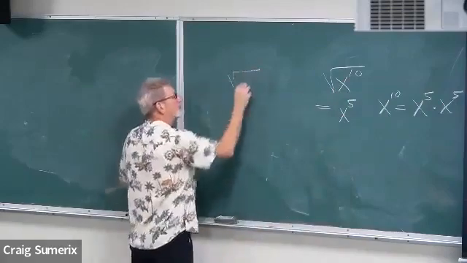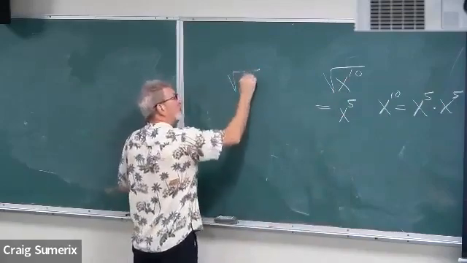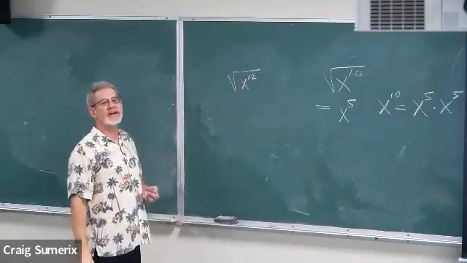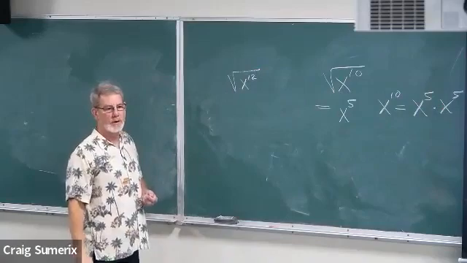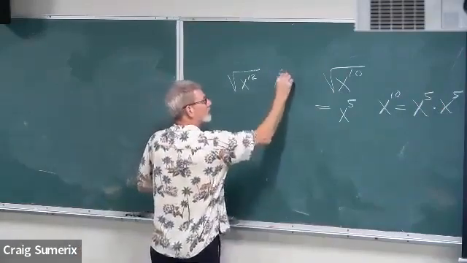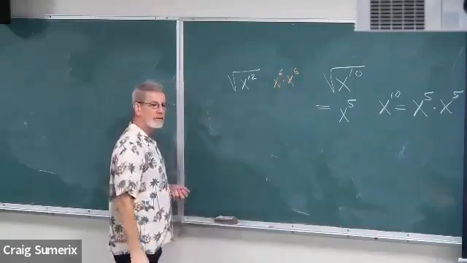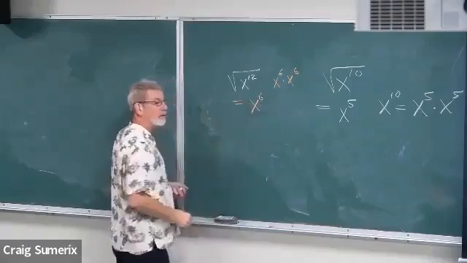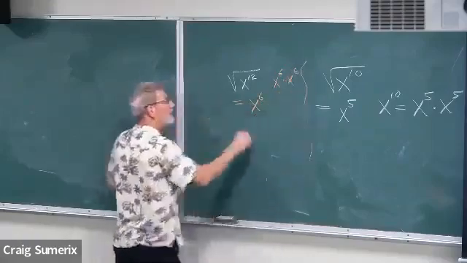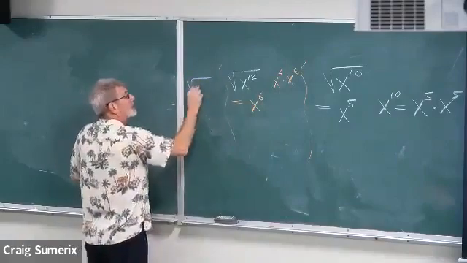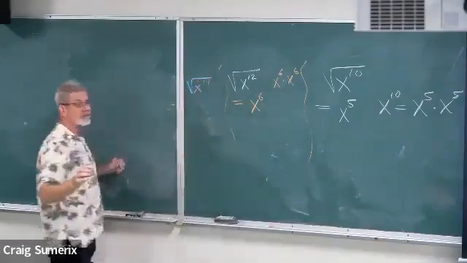What if it was x to the 12th power instead? What times itself gives you x to the 12th power? Wouldn't it be x to the 6th times x to the 6th? What if it was x to the 14th power instead?